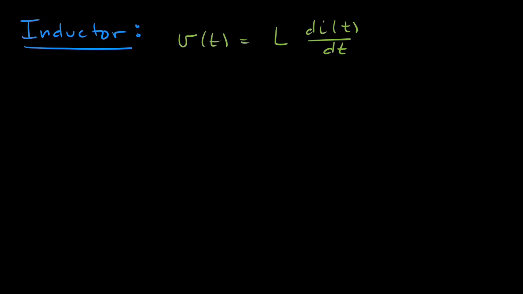If we do the Laplace transform, I'll just directly write it here: V(s), the Laplace transform of the inductor voltage, equals L times [sI(s) minus i(0-)].